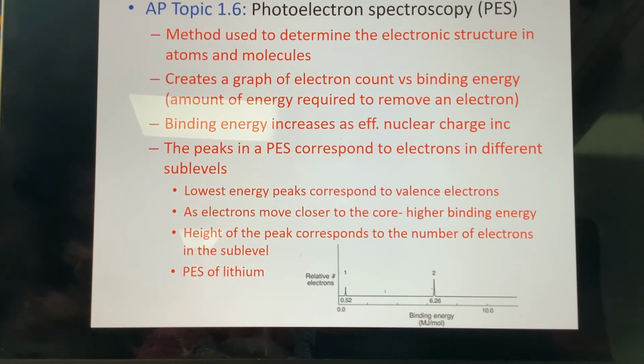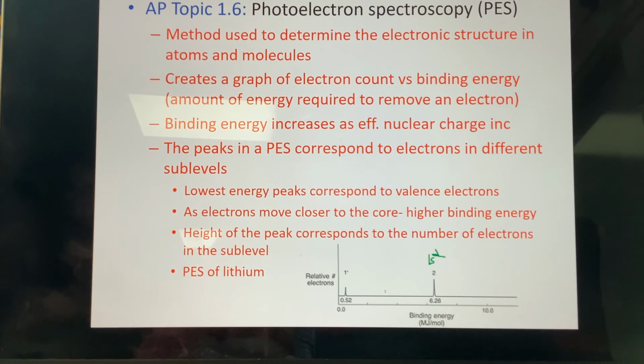So we have 2 electrons here, and in this case this is our highest binding energy, so that means they're closest to the nucleus. So that corresponds to 1s2. Those are our 1s2 electrons because they're closest to the nucleus.